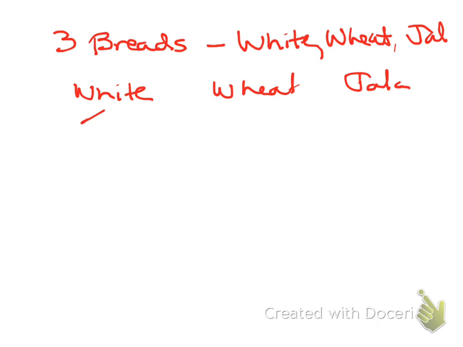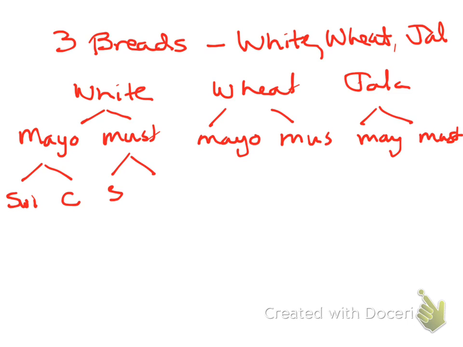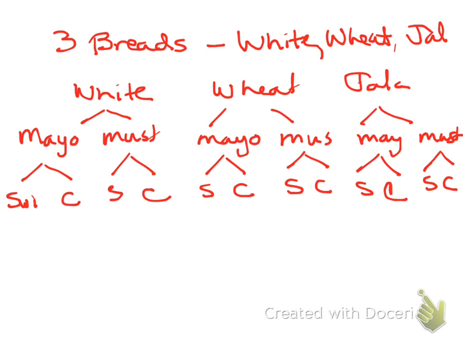I've got 2 different kinds of spreads, mayo and mustard. And then I've got 2 different kinds of cheese, Swiss and cheddar. And then we've got 3 different kinds of meat.